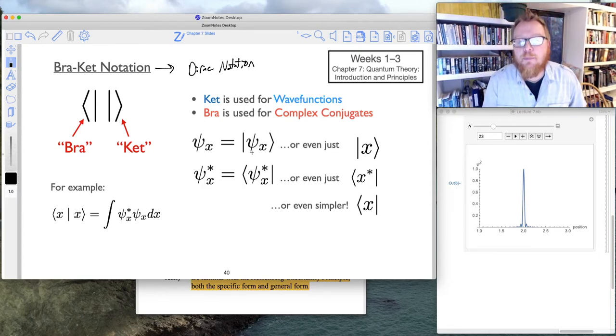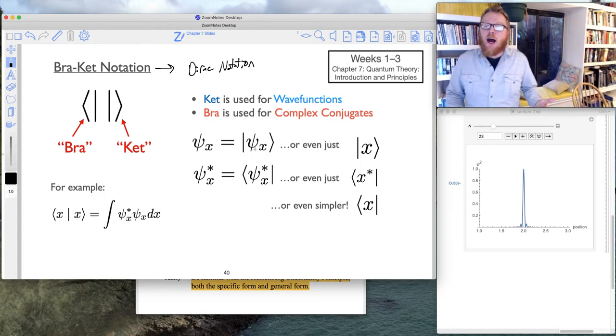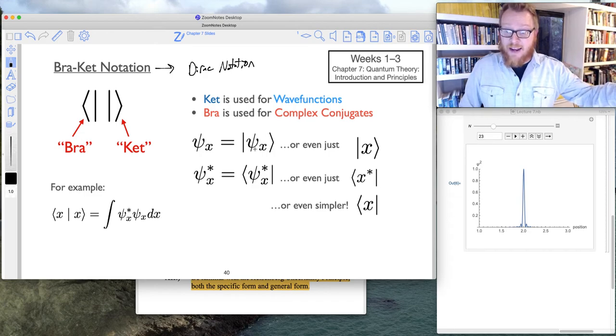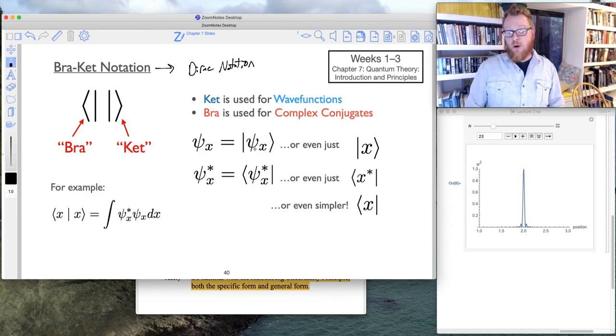And now what I place in the ket is actually up to me and how I define my functions, perhaps when I'm writing a paper or spelling it out in a presentation. So I could just say psi x in the ket, and we know now that that's a wave function. I could even just put x in a ket, and that would tell me that's a wave function.